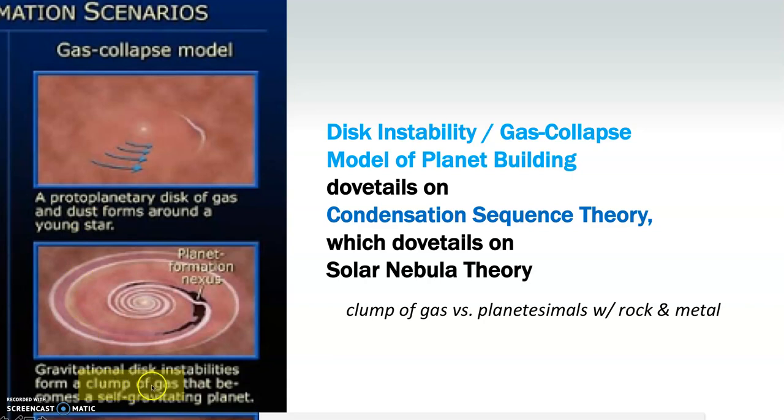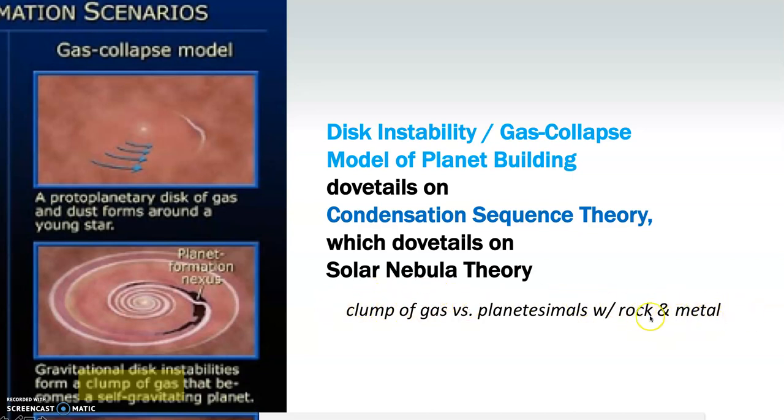Dust upon dust upon dust forms clumps of gas that destabilize this very gentle disk that we've got, a protoplanetary disk, and start to break them apart into planetesimal areas that can form their own cores. So this is talking about a clump of gas rather than the rock and metal.